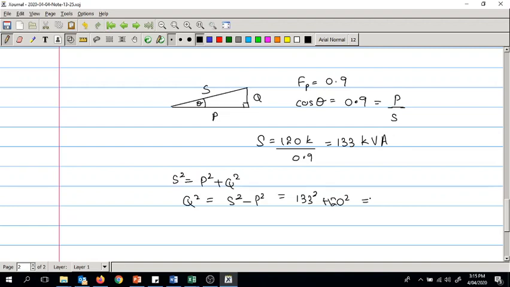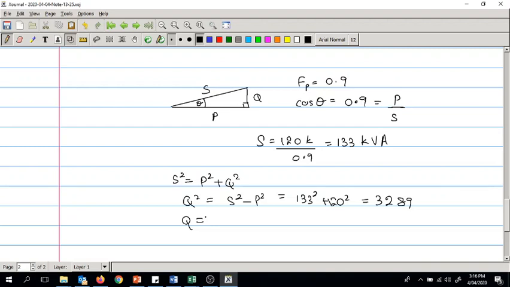3289, right? So our new Q is the square root of that.